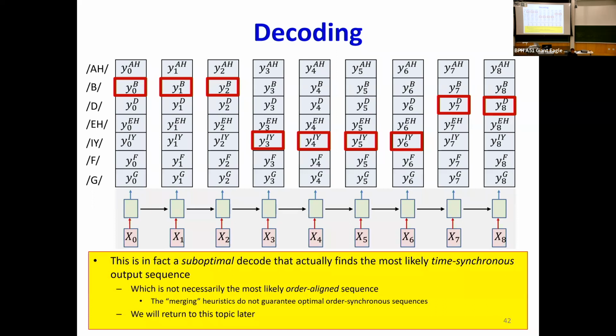What did we want to do? We wanted to find the most likely symbol sequence. Did we find the most likely symbol sequence? What did we find? We found the most likely time synchronous symbol sequence, which is not necessarily the most likely symbol sequence, right?